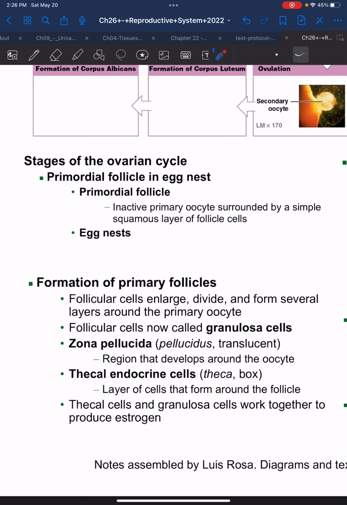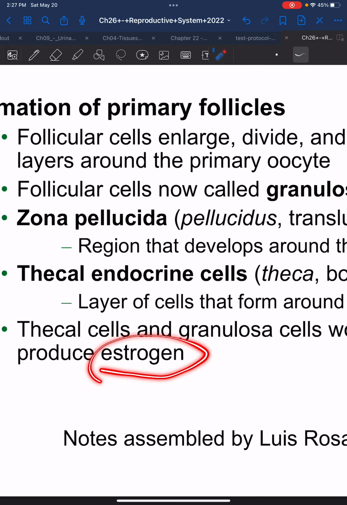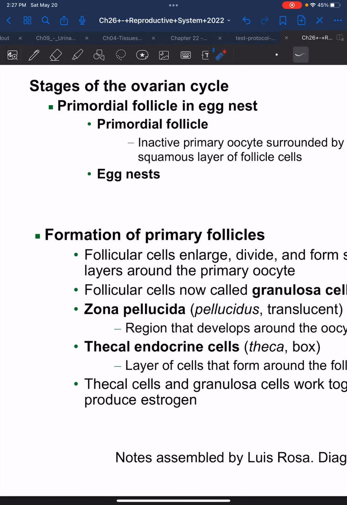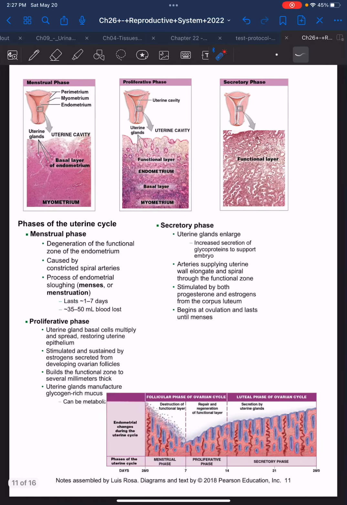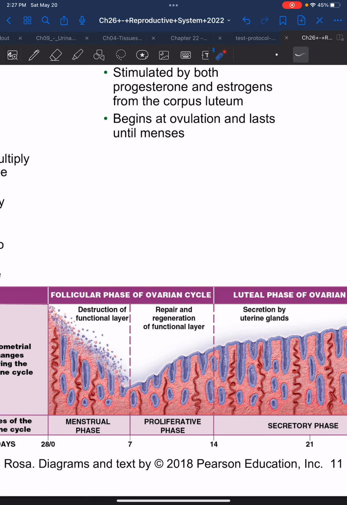produce estrogen, which again, as a reminder, is important for the development of the functional layer of the uterine cycle during the secretory phase, right? And not just the secretory phase, but also the proliferative phase.